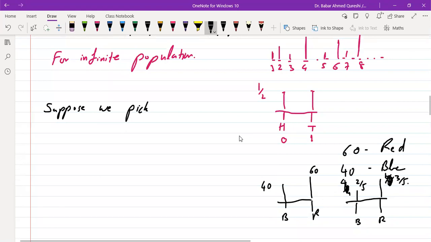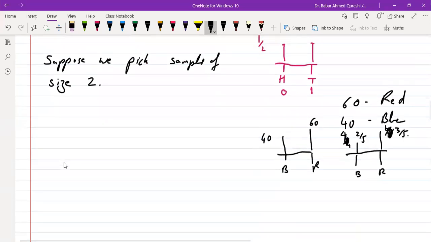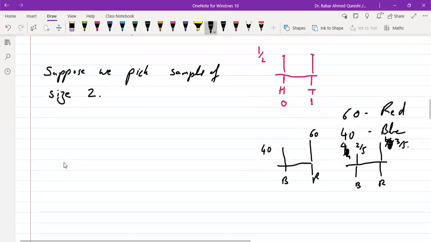So now suppose we pick samples of size 2. I'm continuing with my example, which I had.